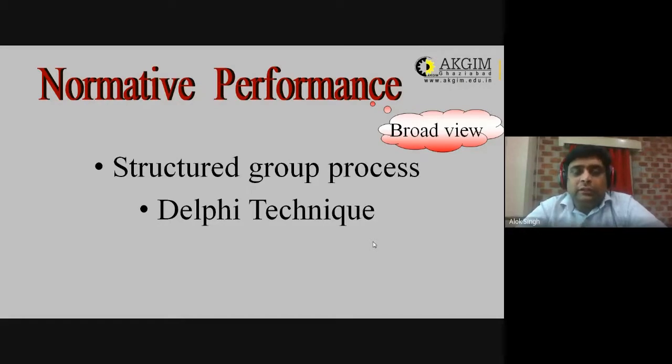Certain norms, rules and regulations are there, and you will check whether they are performing accordingly or not, whether they are doing work in a well-versed manner or not. So that is basically structured group process. Delphi technique is there, which means if you need some expert suggestion, you will perform the Delphi technique. So that is basically normative performance.